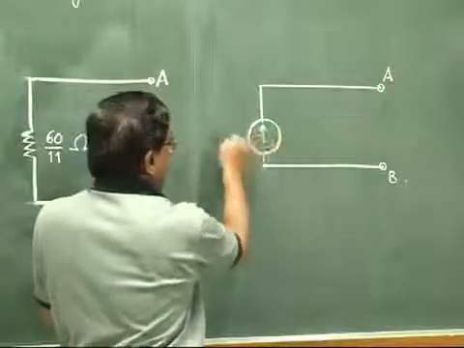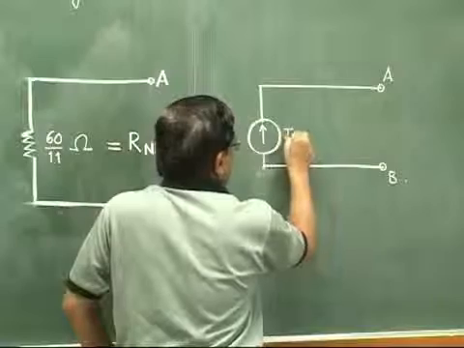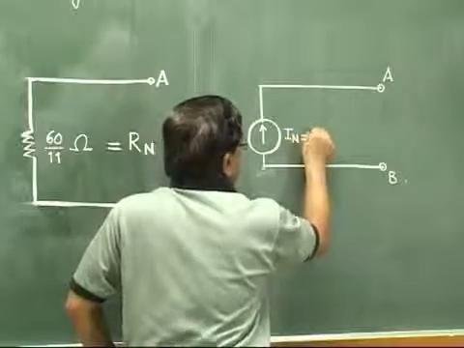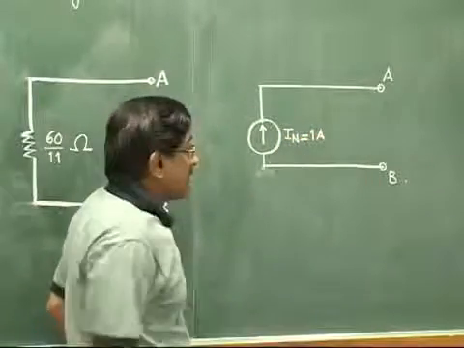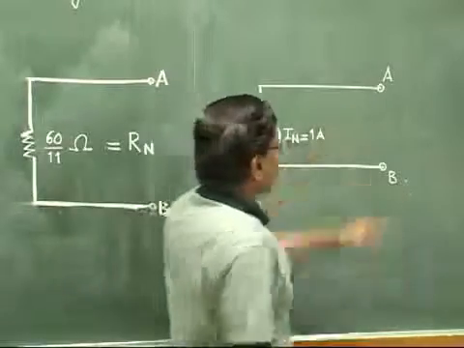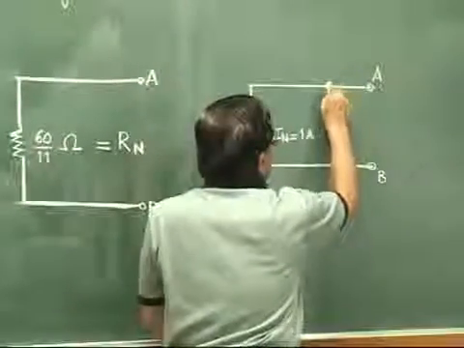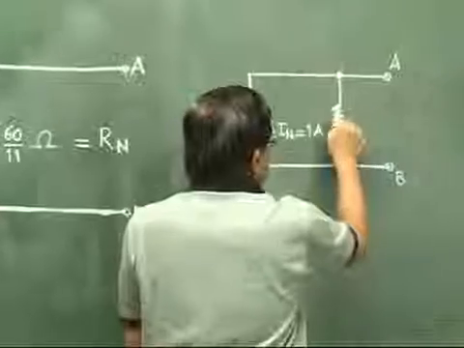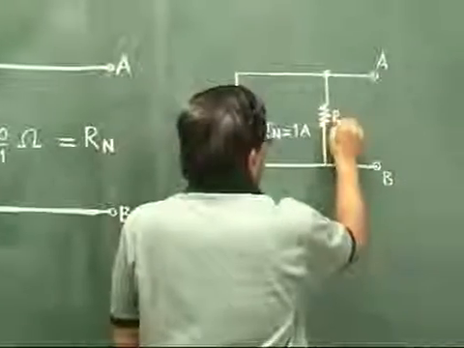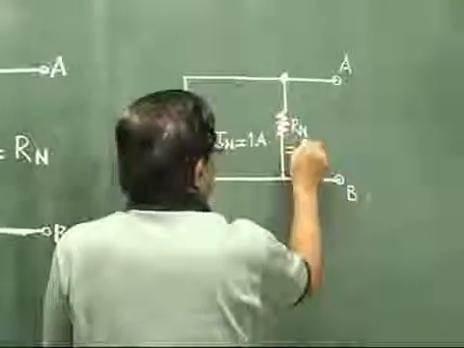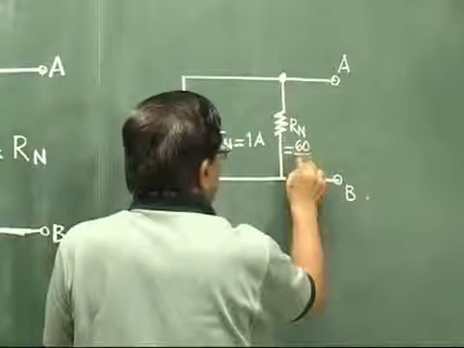Now this is our IN, and this IN is nothing but the 1 ampere that we have got. One more thing we have to show: Rn. It is shown in parallel to the current source. So this is our Rn, and its value, we have calculated, is 60 by 11 ohm.